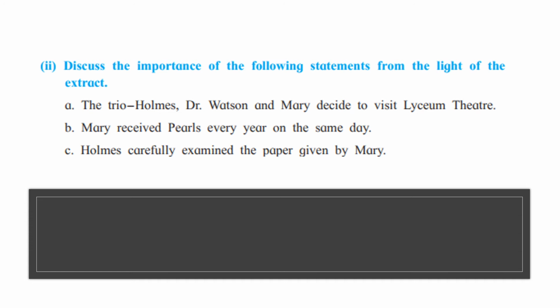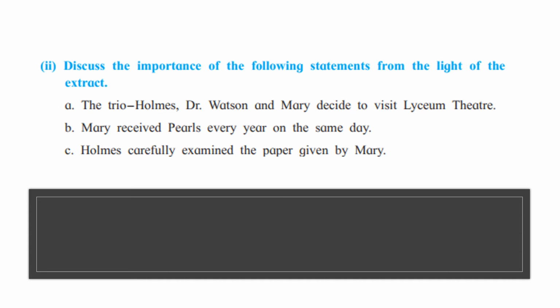Once Holmes and Watson hear that, they agree to accompany Mary. Soon Watson, Mary and Holmes head to the Lyceum Theatre. They are whisked away in a darkened carriage to a strange house. Inside the house, they find an eccentric gentleman named Thaddeus Sholto, who reveals that Mary's father died leaving behind great hidden treasures.